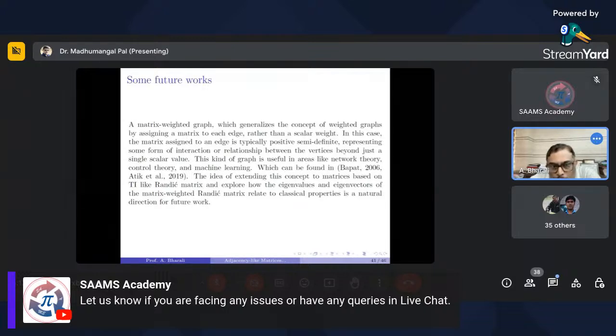So now the weights are no longer scalar. We will have some matrix weight. These matrices can be positive semi-definite matrices, and usually they are, but we may have some other matrices as per our convenience. We can define them, and based on that, we can explore what are the consequences for the spectra.